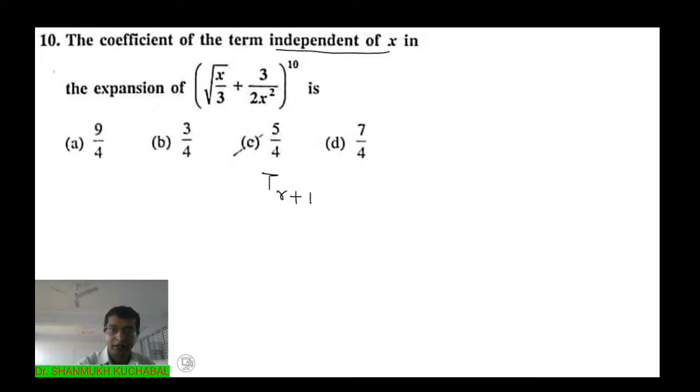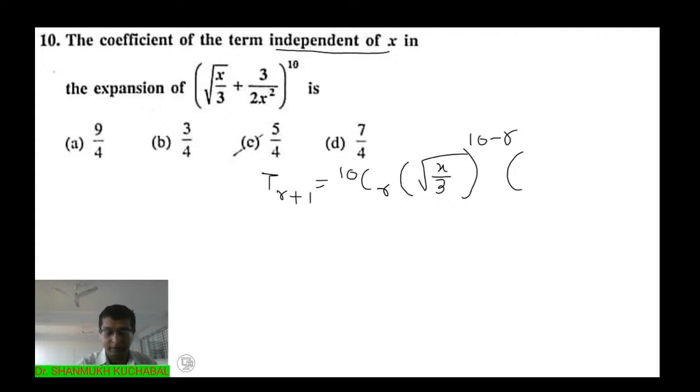Last class we studied the general term definition. Those who have not understood this, kindly go through it. You will find the T(r+1) expansion formula. Okay, so it is 10Cr (root x by 3) raised to 10 minus r, first term raised to n minus r, and second term raised to r.